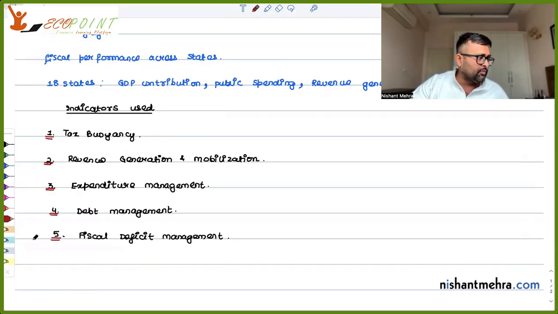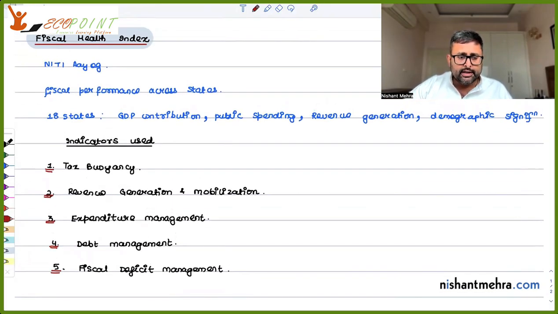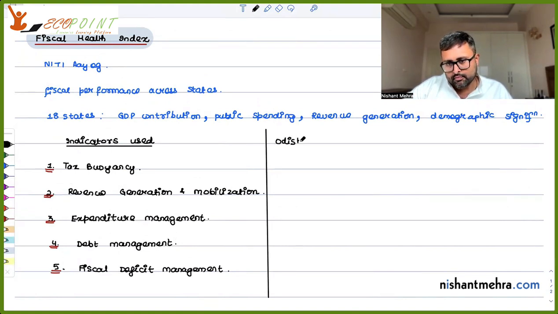Okay, now a few indicators, in the sense of which particular state has done well and which state has not done that well in this particular case. So Odisha, it is a top performer, right?